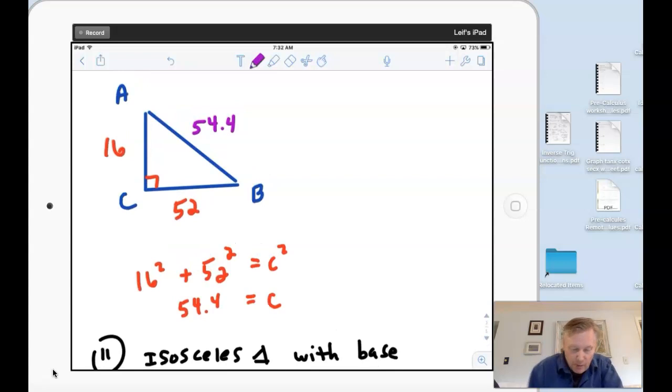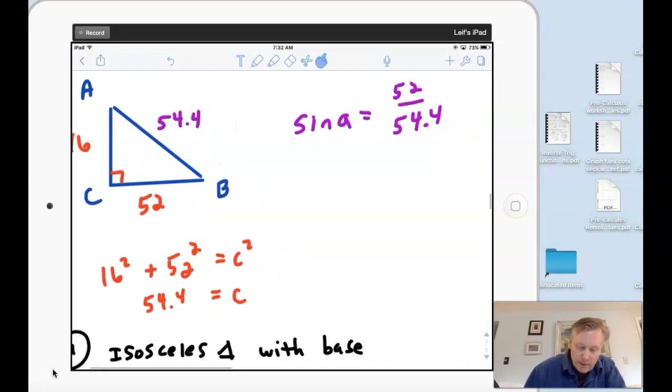Let's do the angle A. So if I go sine of A equals the opposite over the hypotenuse, this will give me my answer. I'm going to turn that into a decimal. If I go 52 divided by 54.4, I get 0.9559 equals the sine of A.